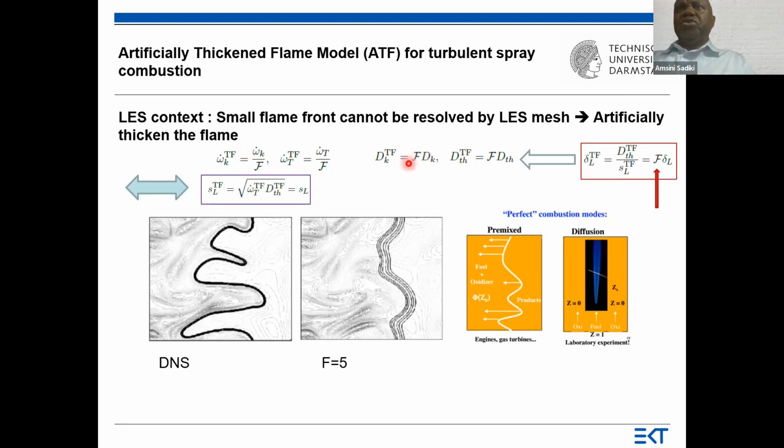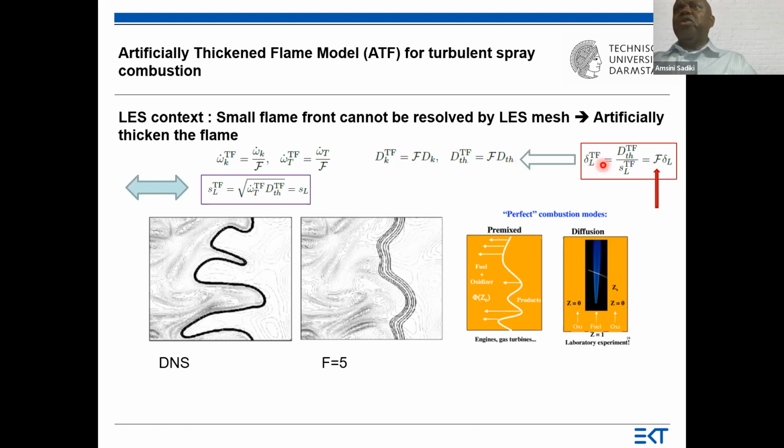If we introduce more diffusion, then we have the thickened flame. It is a thickening factor multiplied by the diffusion, for the kinetics, here for the flow, and also here for the thermal.